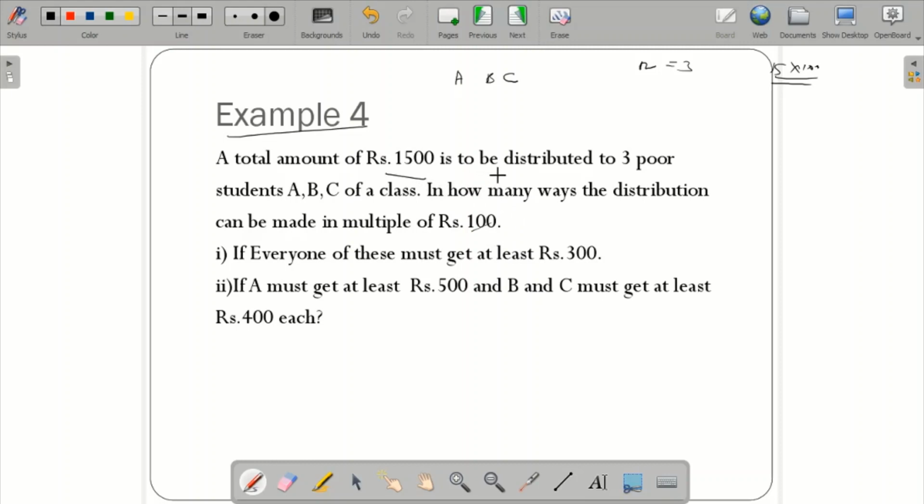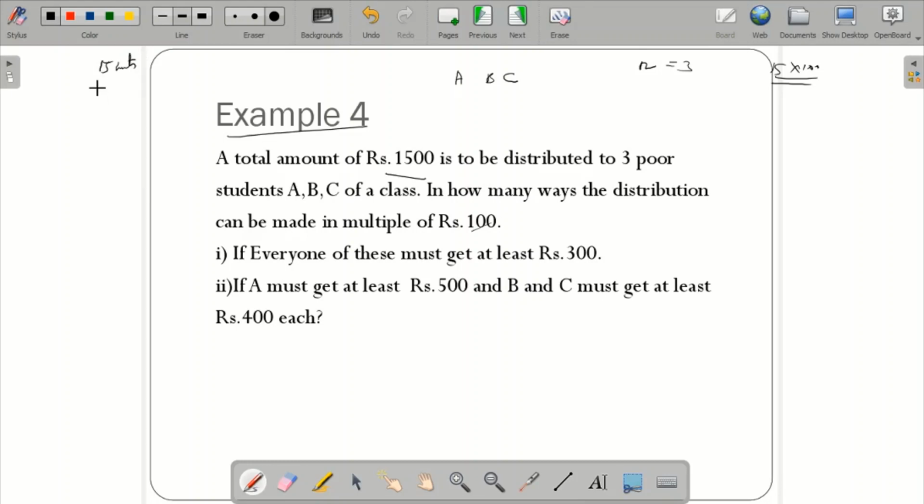A total amount of rupees 1500 is to be distributed among 3 poor students A, B, C of a class. In how many ways can the distribution be made, in multiples of rupees 100? So rupees 100 means what? It is in terms of 15 units.